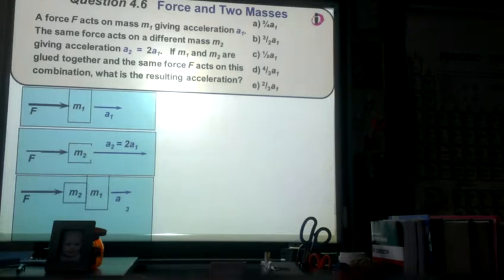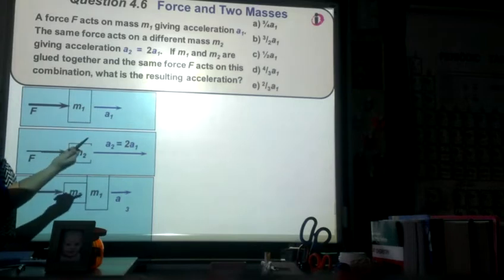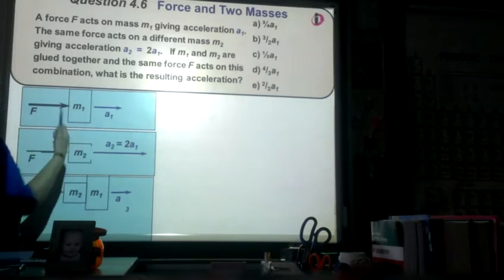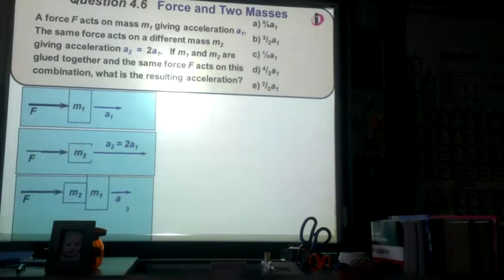It says a force F acts on a mass m1, giving it an acceleration a1. So I have this force acting on block 1, we'll call that m1, and it has an acceleration which we'll call a1.